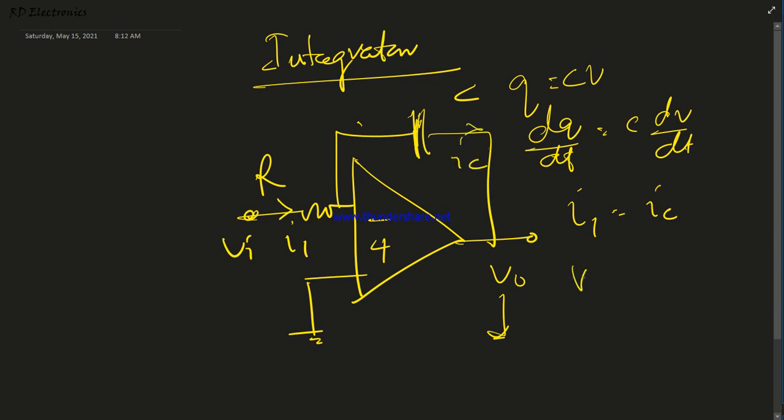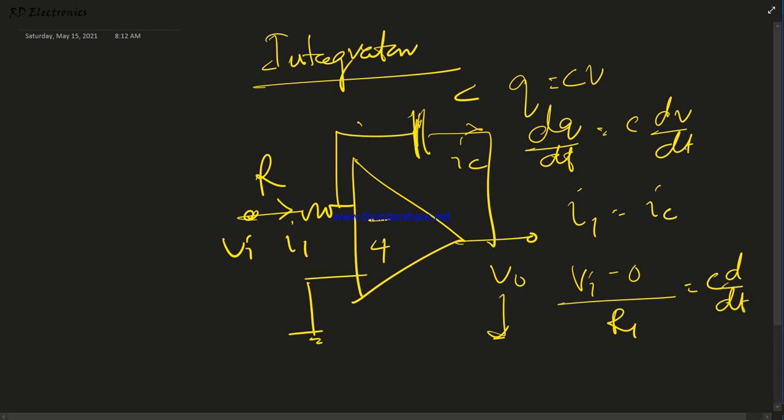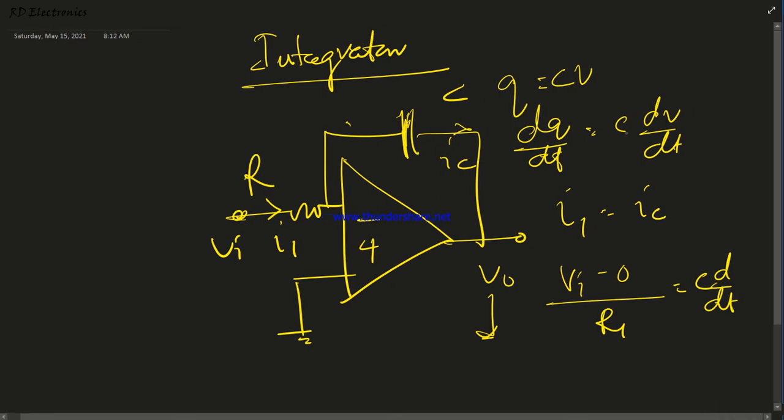So I1 equals V input minus 0 by R1, and IC, putting in this value, equals C into d by dt of 0 minus V0. Why 0 minus V0?